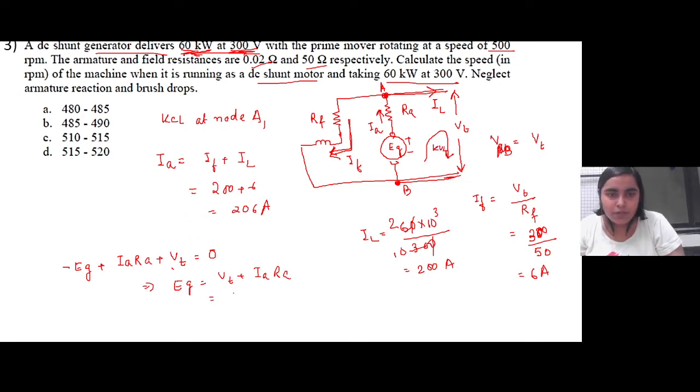The terminal voltage is 300, the armature current is 206, and the armature winding resistance is given in the question as 0.02. So the total back EMF that is generated is 300 plus 206 into 0.02, which comes out to be 304.12.